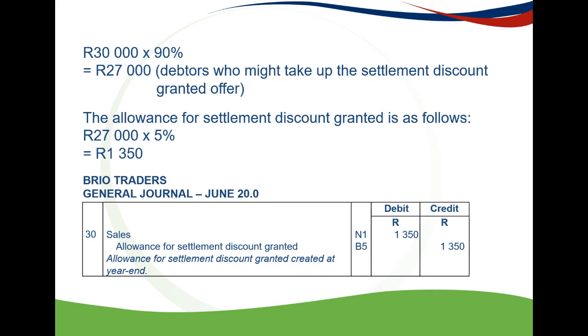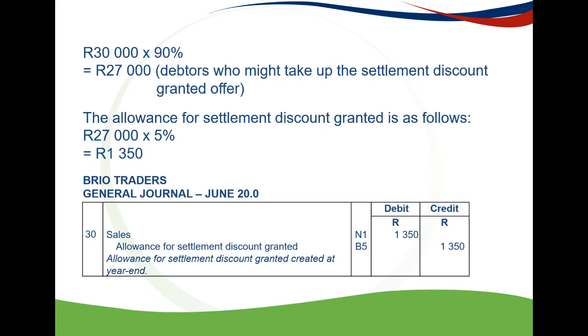So in the following financial year, probably 1,350 Rand will be the discount that we're going to grant to those debtors when they settle their debt before the 30 days. So the general journal entry will look like this in the books for Brio Traders in their general journal.